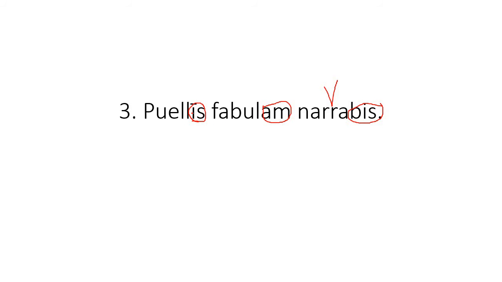So could "puellis" be the subject? If you think about what case it needs to be in, it would have to be in the nominative case if it's the subject, and "-is" is not a nominative ending. So no, "puellis" can't be the subject. Can "fabulam" be the subject? No, "-am" is not a nominative ending. So there is no separate subject, which means your subject is just included in the verb ending here, "-bis."